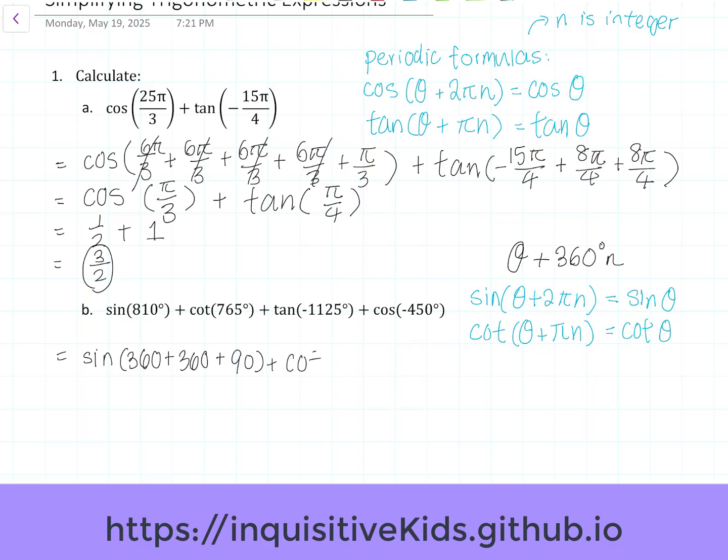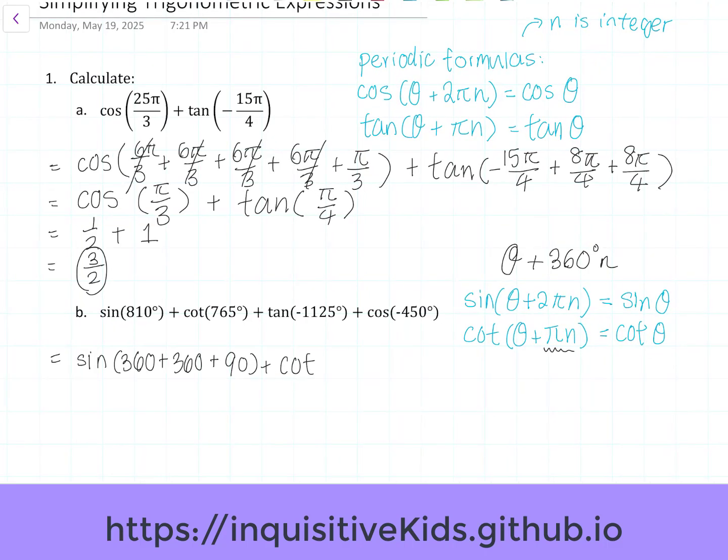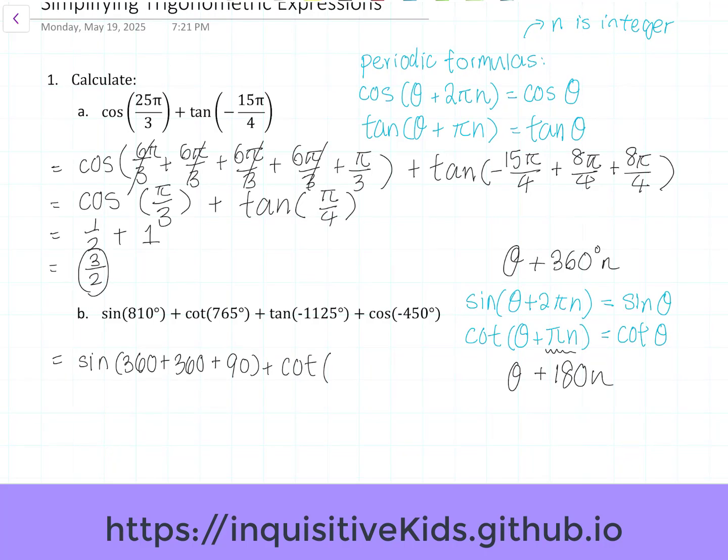And here for cotangent, it's any multiple of pi n, and pi radians is 180 degrees. Therefore, this can be rewritten as theta plus an integer multiple of 180. So cotangent of 765 is 180 times 4 plus 45.